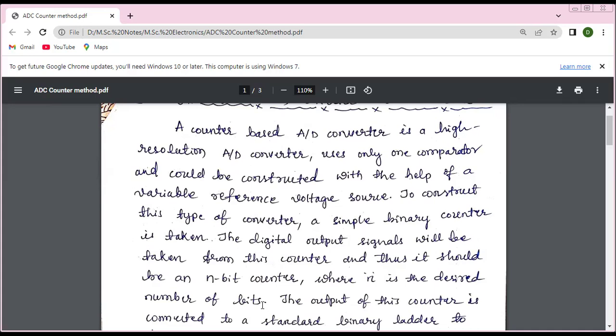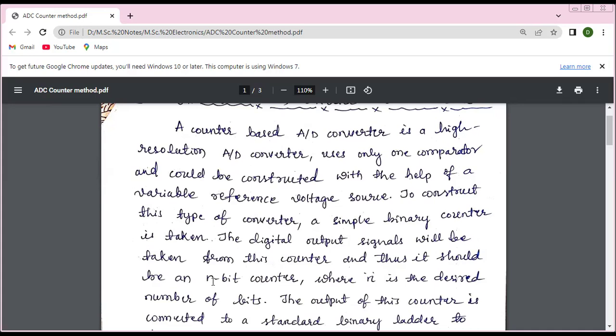So here we are going to call this an n-bit counter because it should be able to count inputs of more than 1 bit. So that's why this n is defined depending on the application, meaning what kind of converter you need, whether you want a 3-bit converter, 4-bit converter.